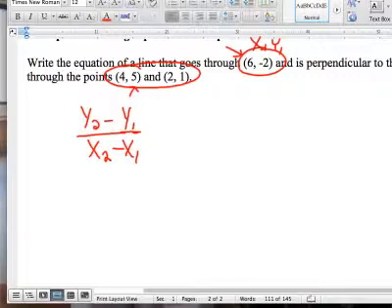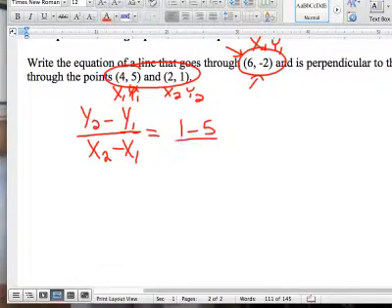Now, this is a different x1, y1 than this up here. This is with our new line, so we're going to ignore that right here for a minute. And we're just going to focus on these 2 points right here. We'll call this one x1, y1, and this one x2, y2. So we plug it into our formula. y2 minus y1, we get 1 minus 5 over 2 minus 4.